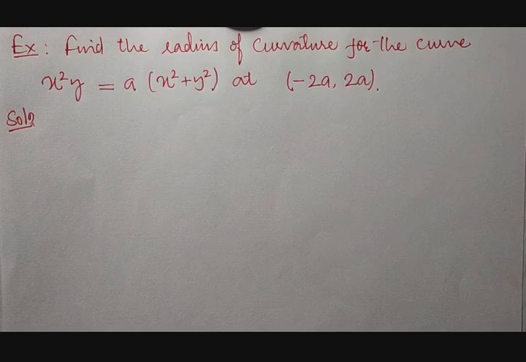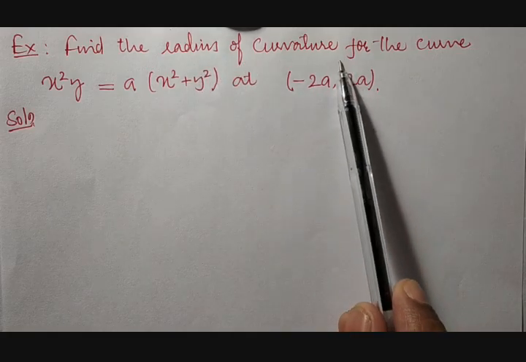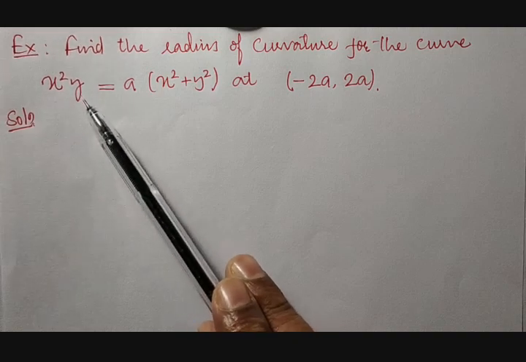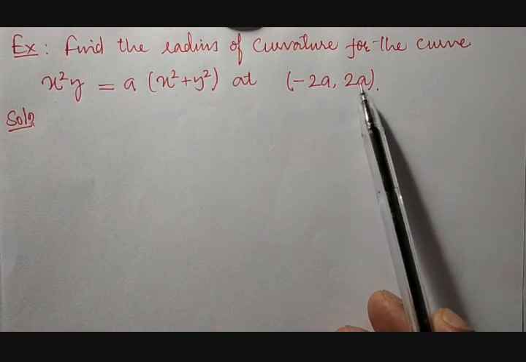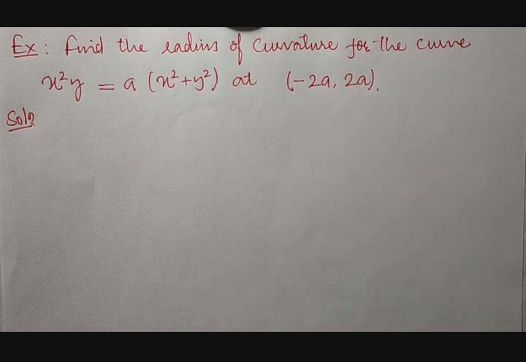In this session, we are going to discuss an example of finding the radius of curvature for the curve x square y is equal to a into x square plus y square, at the given values of x and y, that is minus 2a, plus 2a.